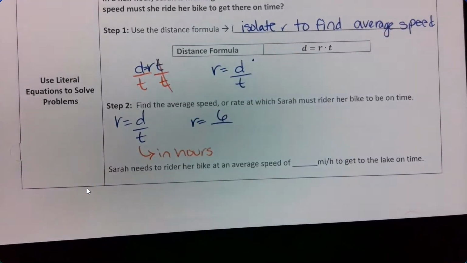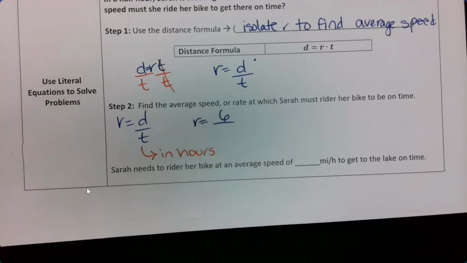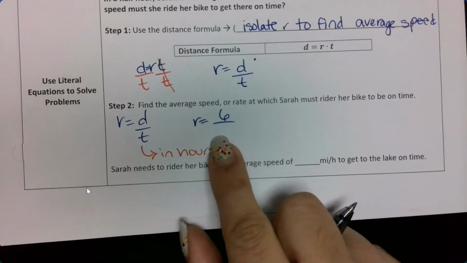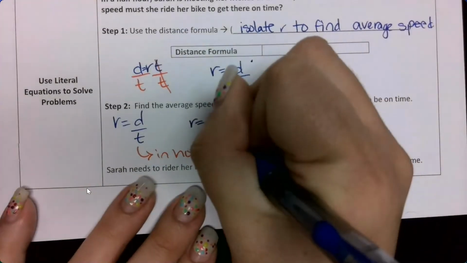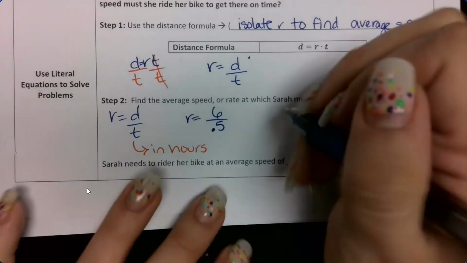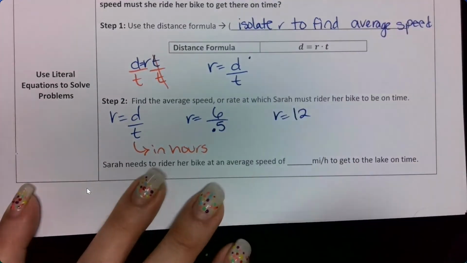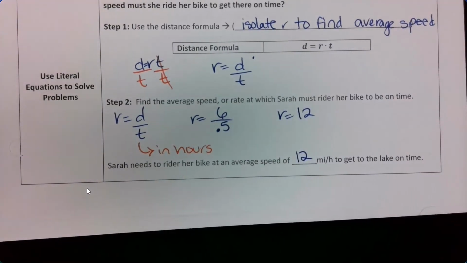So, how long does she need to ride her bike? 30 minutes is right. How long of an hour is that? So 0.5. And then I can use my calculator. What is 6 divided by 0.5? 12. So this means Sarah needs to ride her bike at an average speed of 12 miles per hour to get to the lake on time.